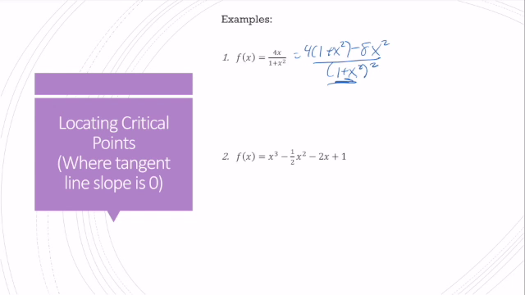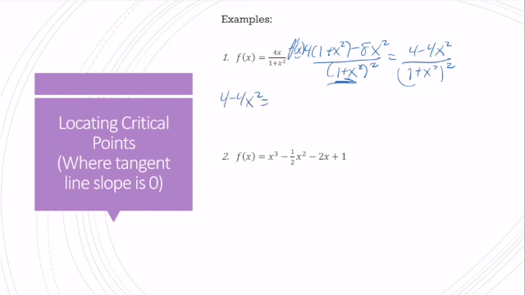So if I set my numerator equal to 0, that's the only time it could be 0. This is f prime of x. I'm going to simplify this to 4 minus 4x squared over 1 plus x squared, squared, and set this numerator equal to 0.